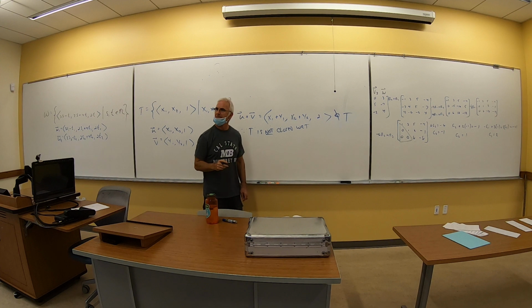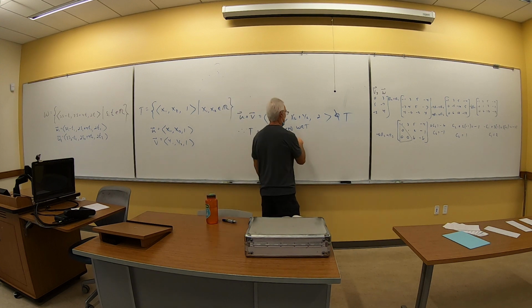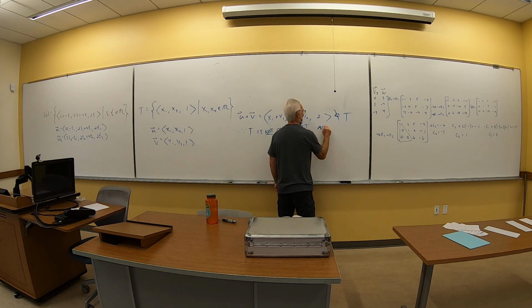WRT, what does that mean? Anybody ever use that? With respect to, yeah. Math people use that because we're really, really lazy. WRT, with respect to. It's not closed with respect to addition.